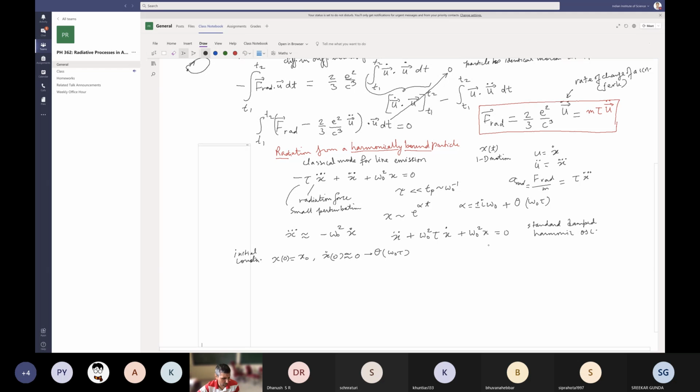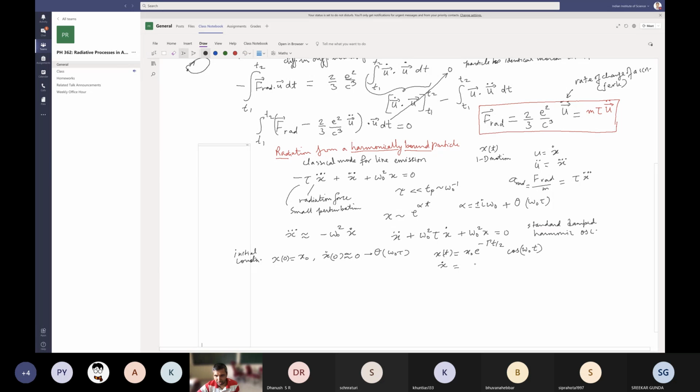And what is the solution? We all know this. The solution for x of t is equal to x naught e to the minus gamma t by 2 times cos omega naught t. At t equal to 0, x equals x naught, so it satisfies this boundary condition. x dot has 2 terms.